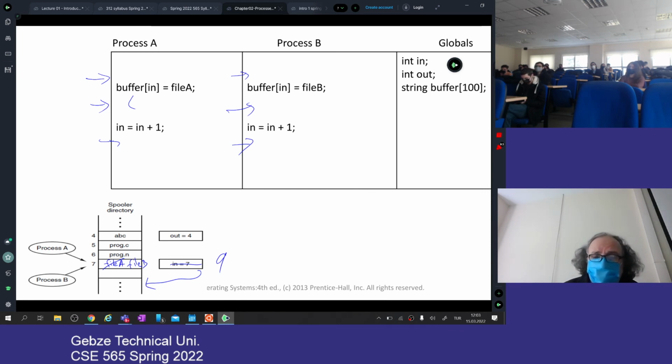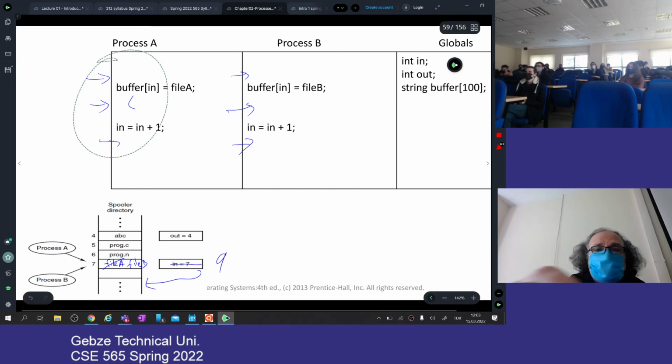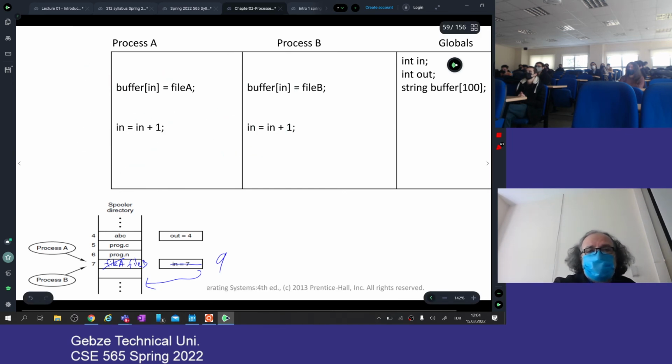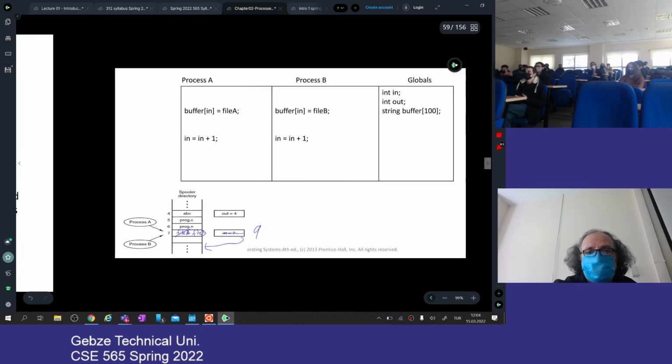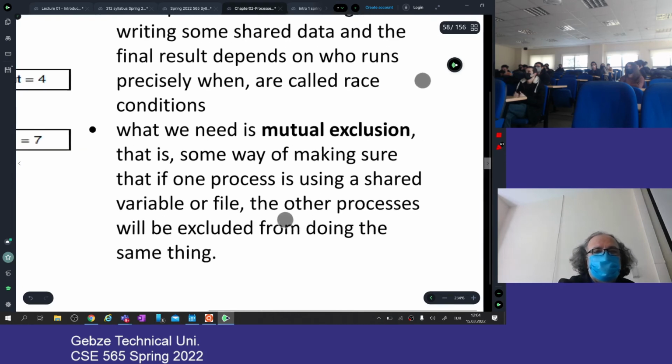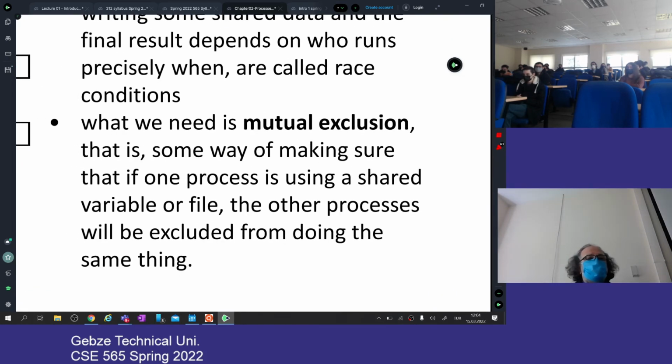The solution for the problems with race conditions is to create mutual exclusion zones. What we need is mutual exclusion. That is some way of making sure that if one process is using a shared variable or file, the other process will be excluded from doing the same thing.